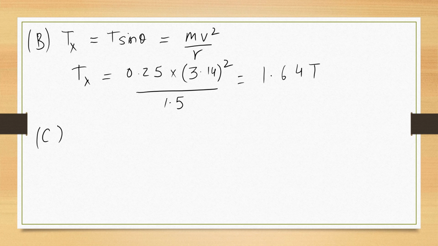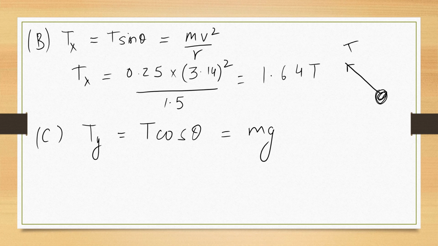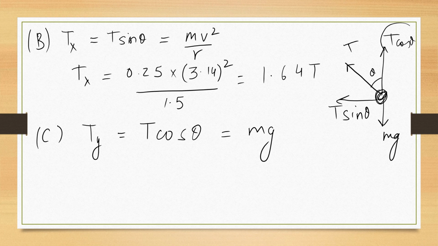The second part is the vertical component of tension, which is T cos theta. Now this is equal to the weight of the object, right? Because this is the bob, this is the tension T, this is the angle, this is T cos theta, this is the weight in the downward direction, and this was T sin theta. So it is clearly visible that T cos theta equals mg, because there is no net force in the vertical direction.